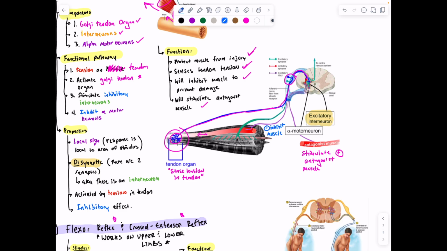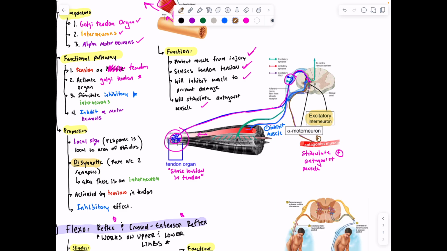The first that it's going to synapse on is inhibitory interneurons, and so that would be right here, and this is meant to inhibit the muscle that is attached to the tendon. And then at the same time, you have the reciprocal effect. So you're also going to synapse on excitatory interneurons, which will then synapse on alpha motor neurons, which are going to go to the antagonist muscle and stimulate them.